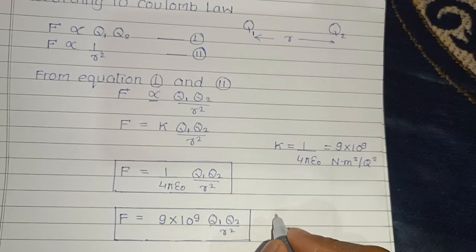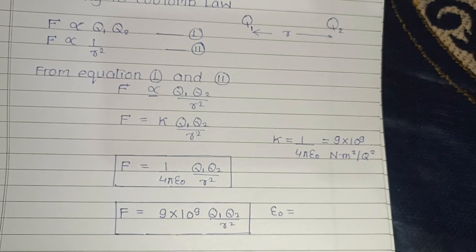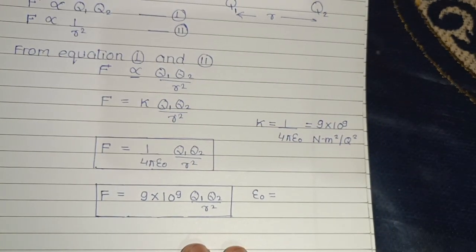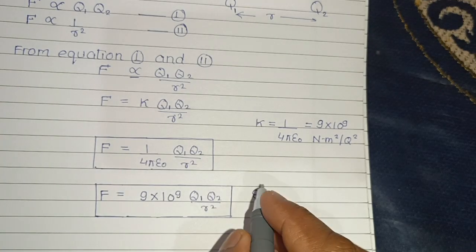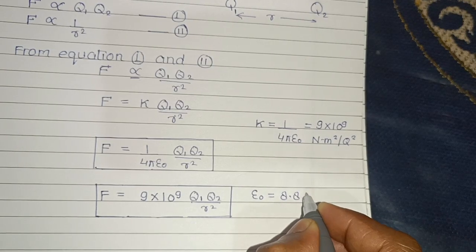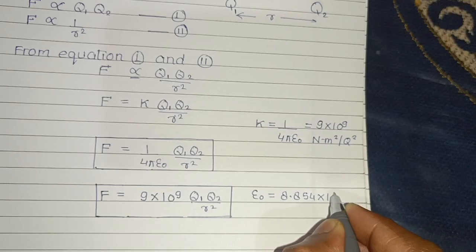Here epsilon naught has a value of 8.854 into 10 to the power minus 12.